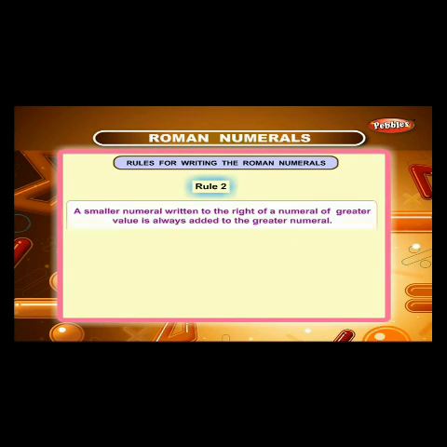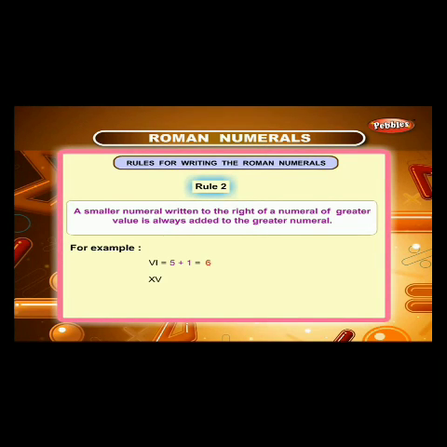Rule 2. A smaller numeral written to the right of a numeral of greater value is always added to the greater numeral. For example, symbol VI is written as 5 plus 1, which is equal to 6.